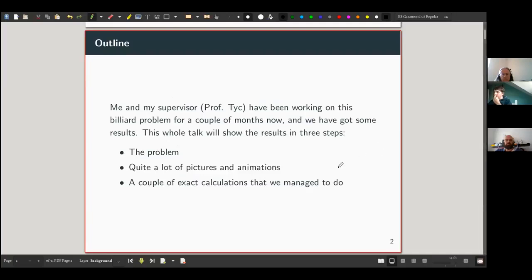I will do it roughly in 3 parts. First, I will show off the problem and the system that we are experimenting with. Then I will just show some animations to give you some better idea of what's happening in there, and then a couple of exact calculations.